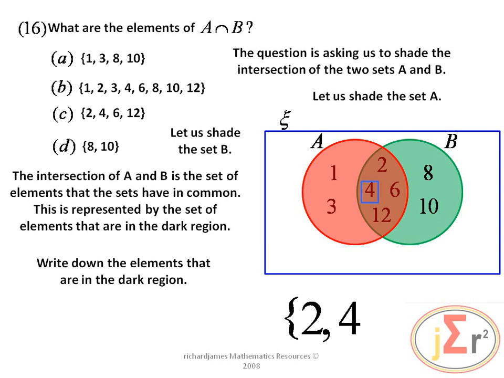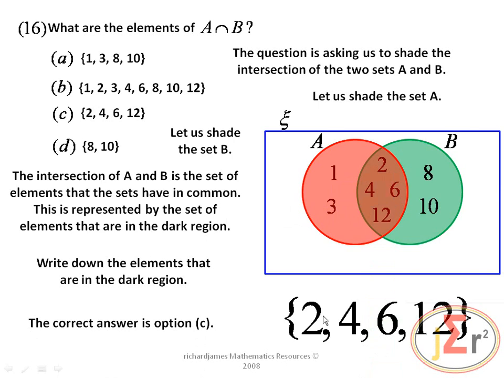So if Jerry wants to do information technology, he will learn about alphanumeric values. So let us continue. 6, 12, and that is the last one, so we are going to close our set. And 2, 4, 6, 12, that is represented by option C.